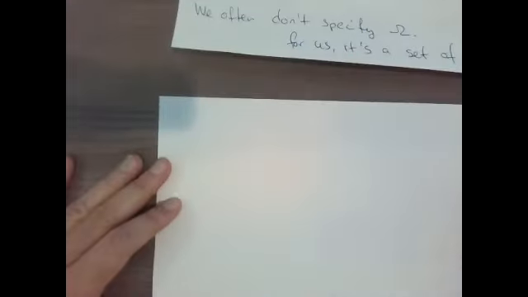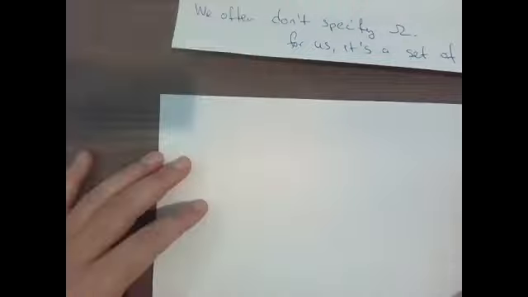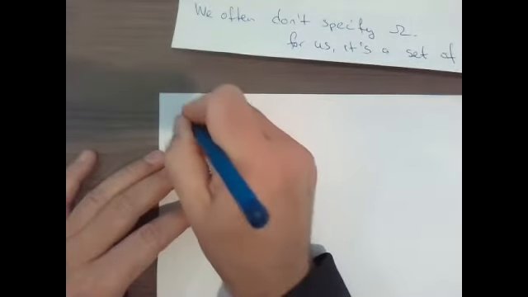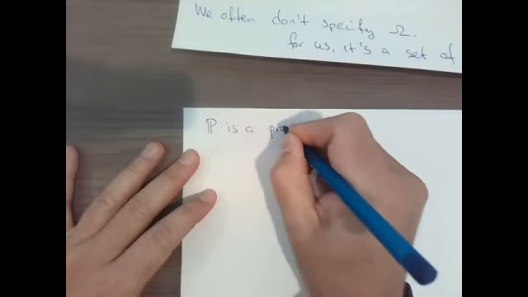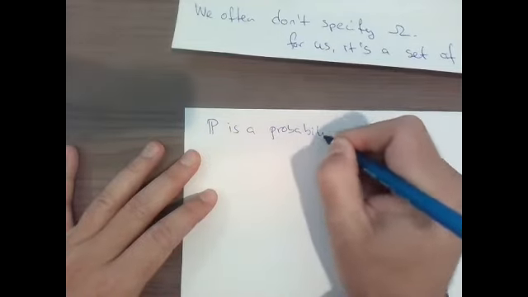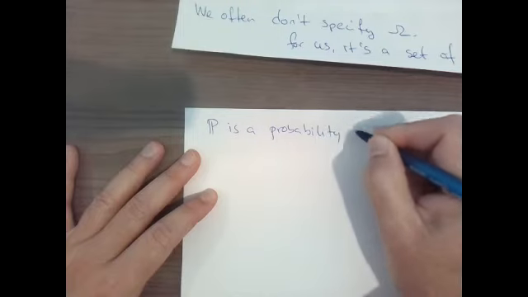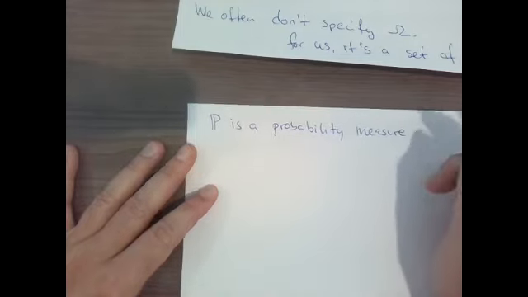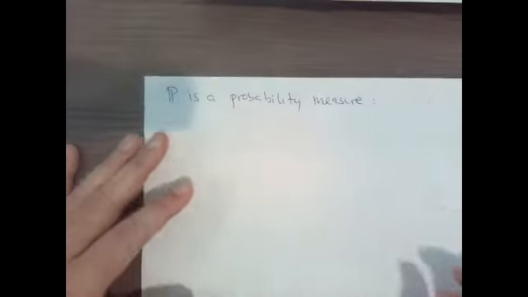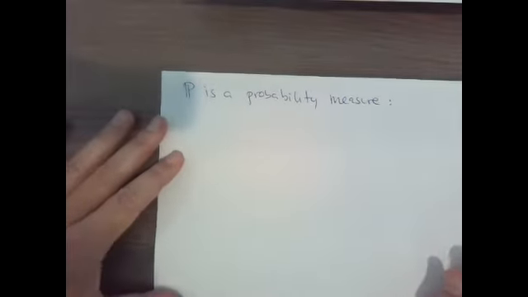So P is the last thing. P is our measure. P is a probability measure. And what does that mean?